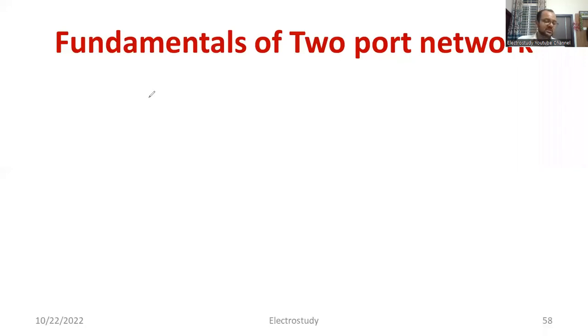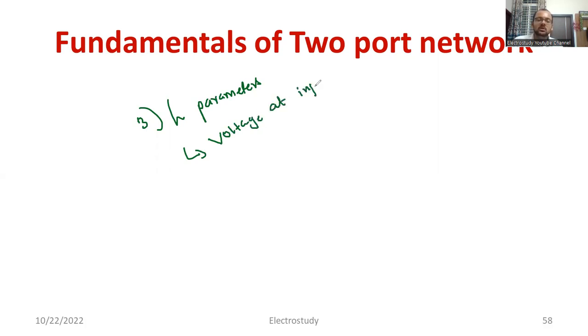Now I am going to discuss hybrid parameters. Third one, it is also known as H parameters. How do you express H parameters? The specialty is voltage at input port and current at the output port.